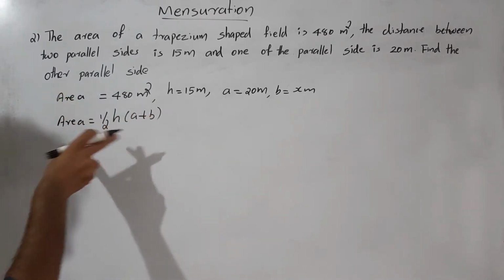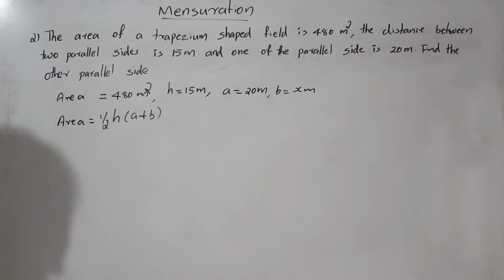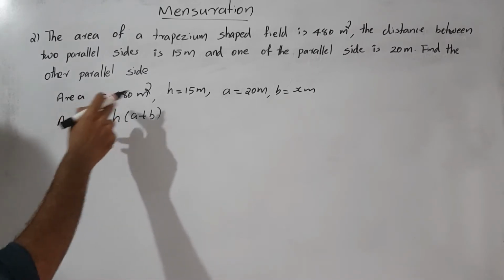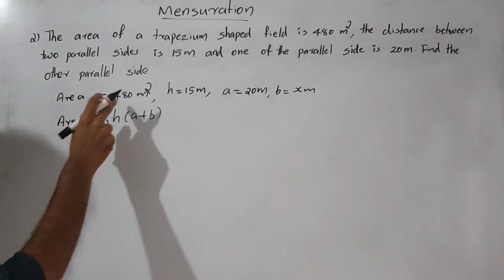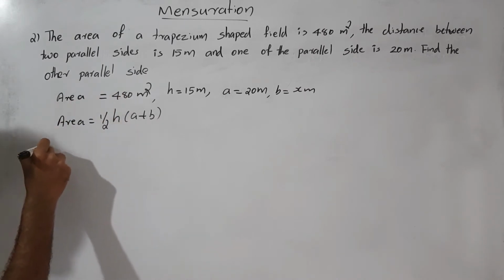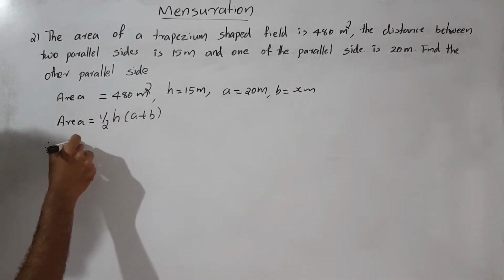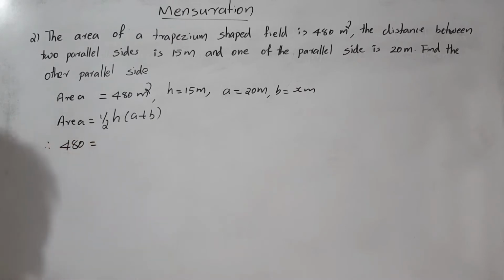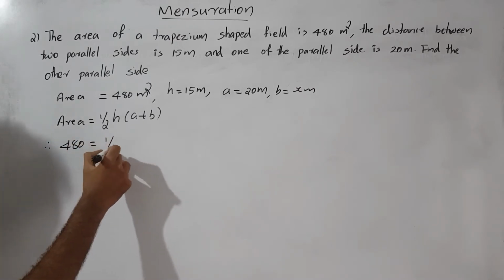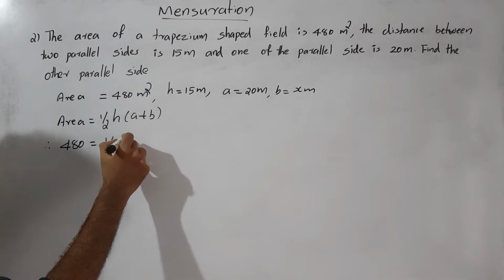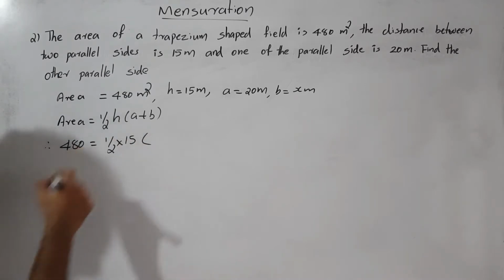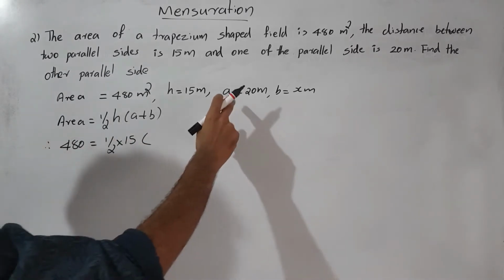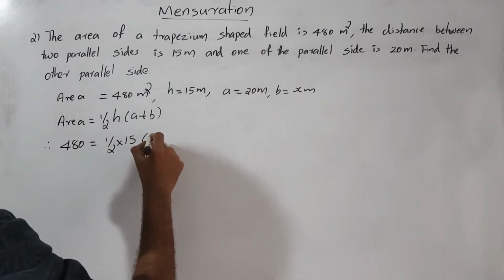So in this equation we substitute the values that are given. Area is 480. Therefore 480 is equal to half into h, which is 15, into a plus b, and a plus b means 20 plus x.